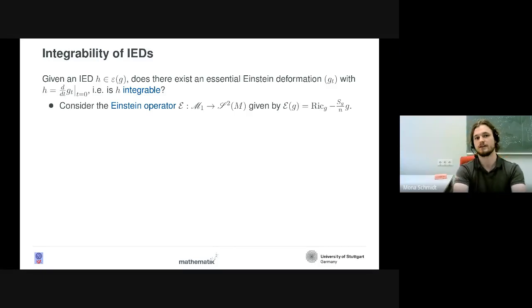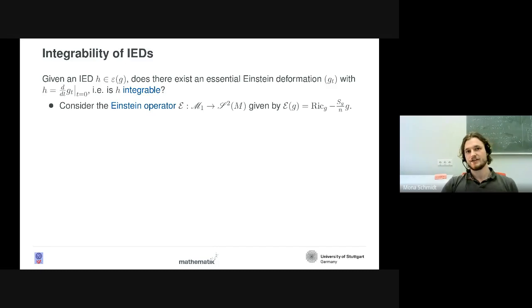We can characterize it. So what we do is we write down the Einstein equation by taking this Einstein operator, an operator from the space of metrics of volume 1 to symmetric 2-tensors, given by the Ricci curvature tensor minus the total scalar curvature over n times g.